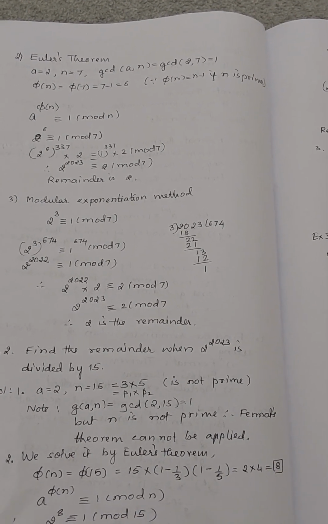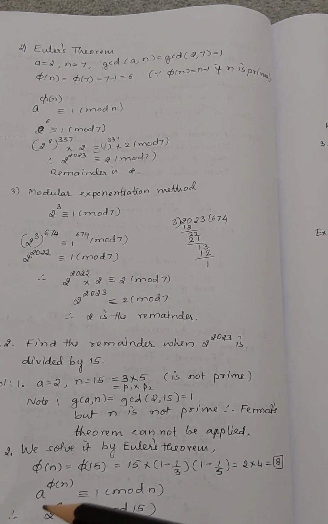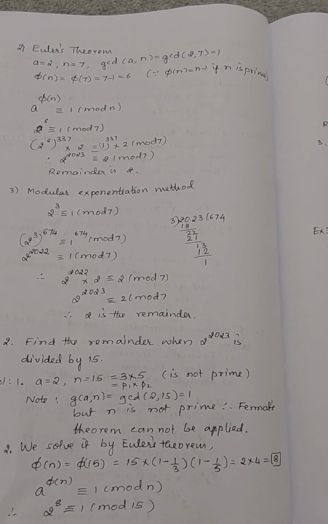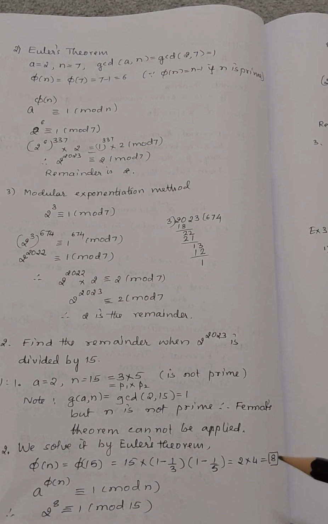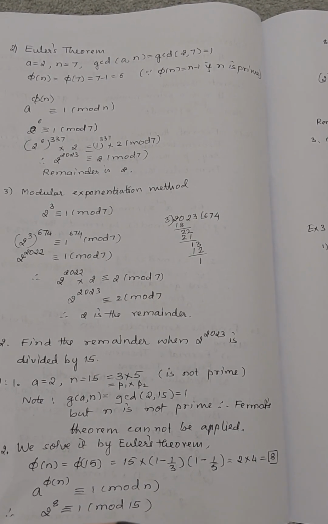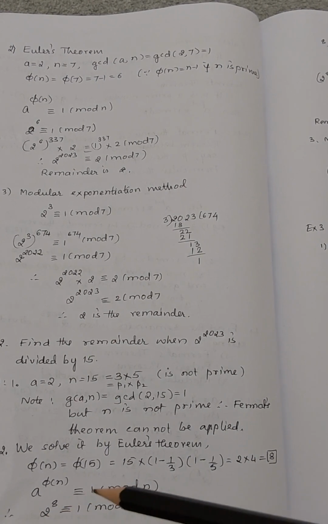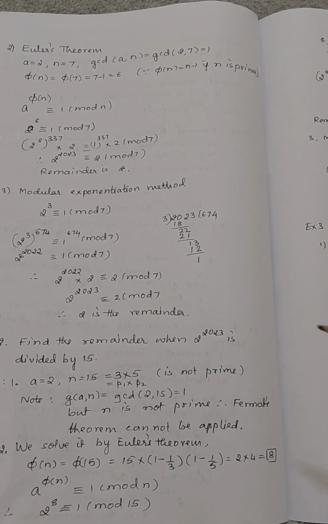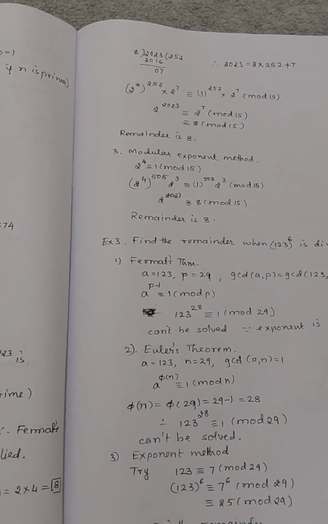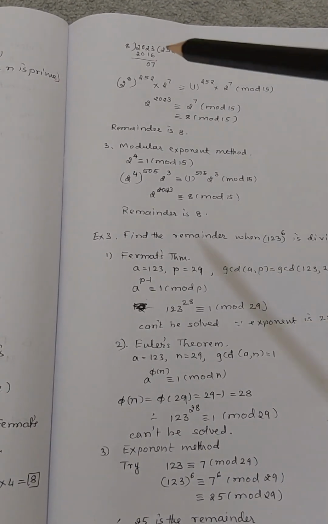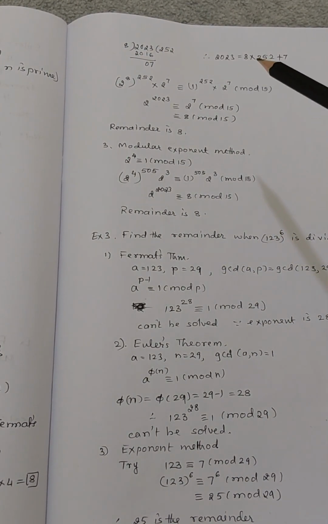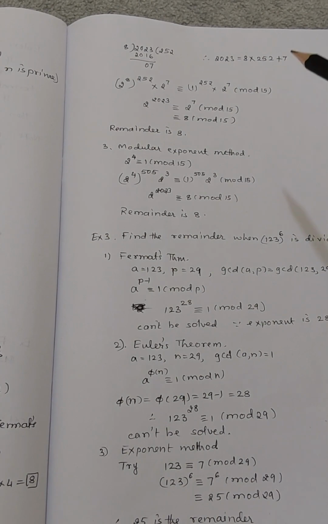So now we apply Euler's theorem. A to the power phi of n is congruent to 1 mod n. So a to the power phi of n, that is 2 power 8, is congruent to 1 mod 15. So from 8 we have to get 2023. For that we divide 2023 by 8, and it can be represented as 8 into 252 plus 7.